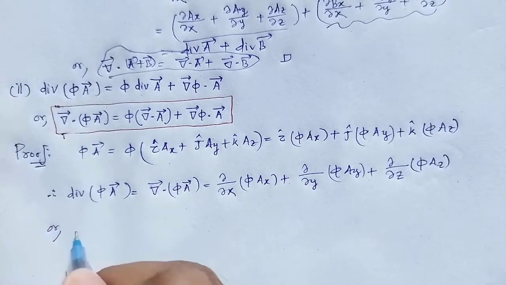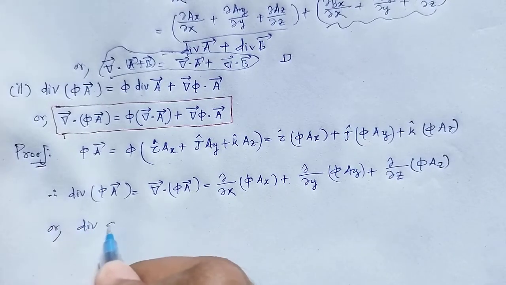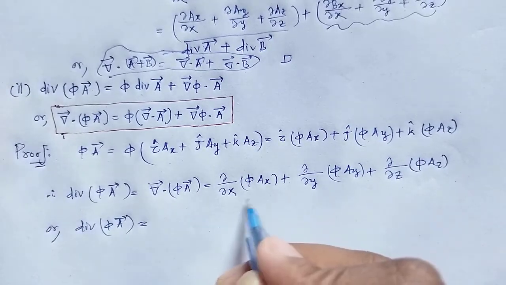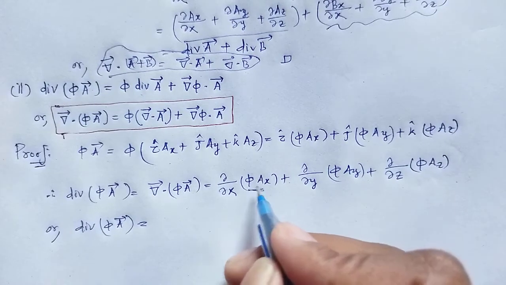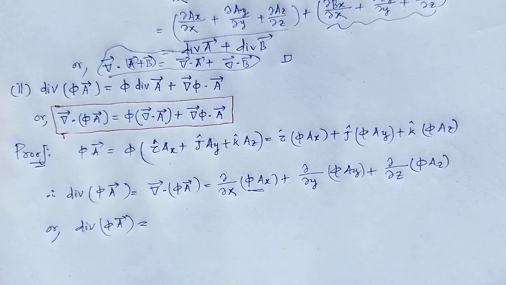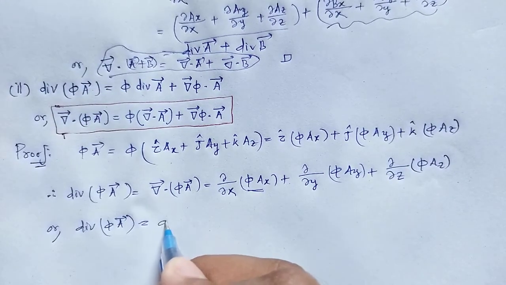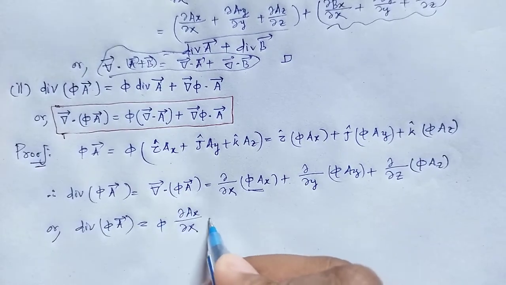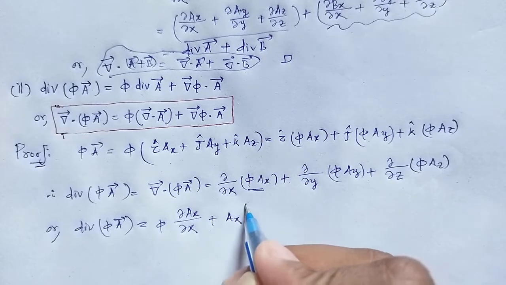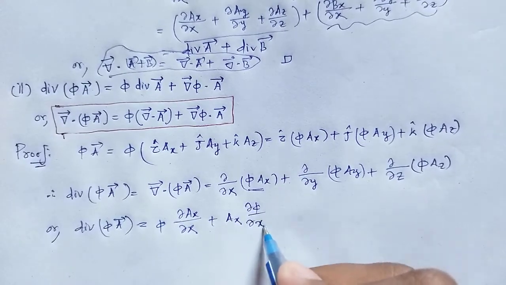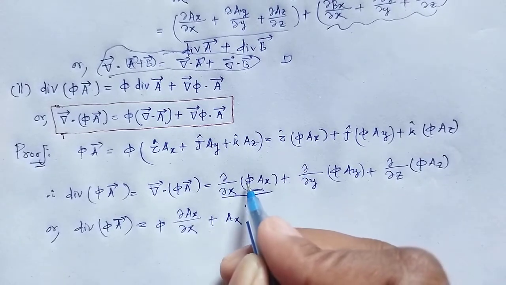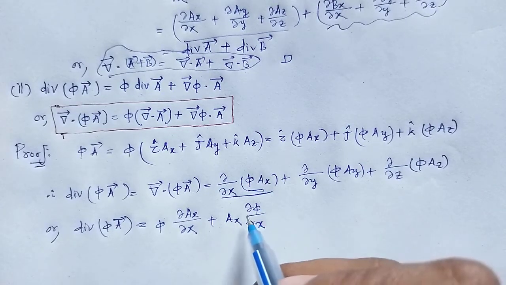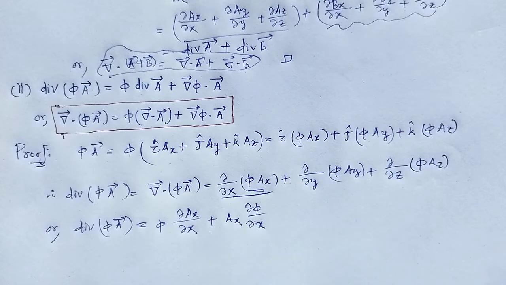Or we can write the divergence of phi a vector is equal to, we have to find the product derivative: phi del ax by del x plus ax del phi by del x, that is the derivative of the first term with the second term treated as constant, plus the derivative of the second term with the first term treated as constant.